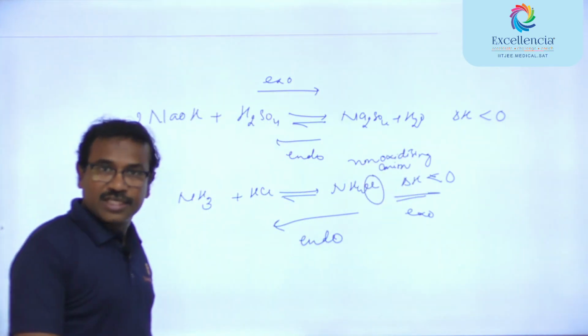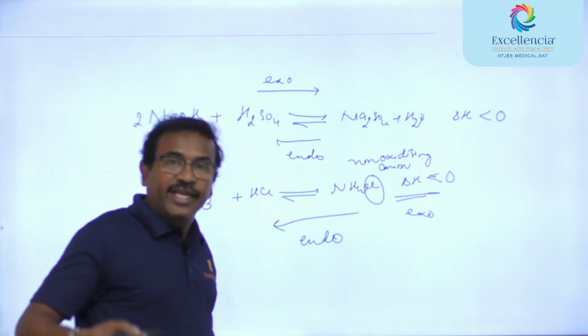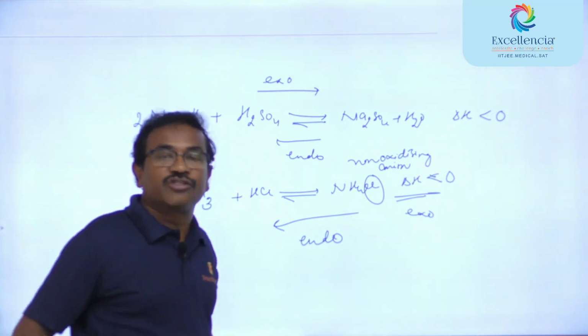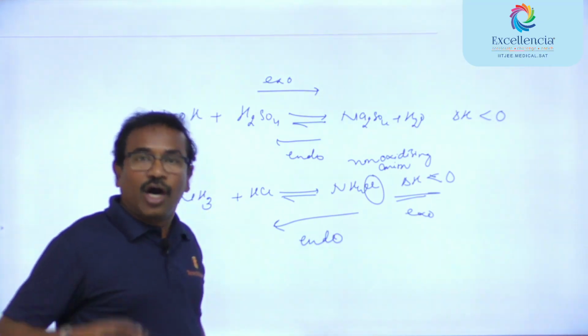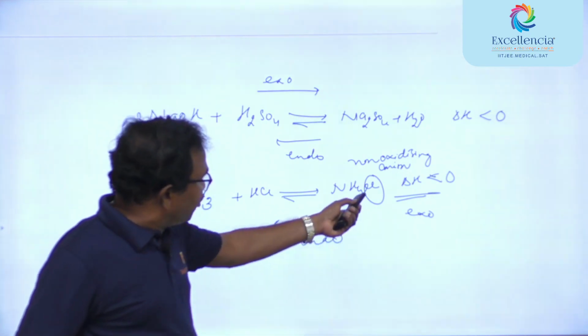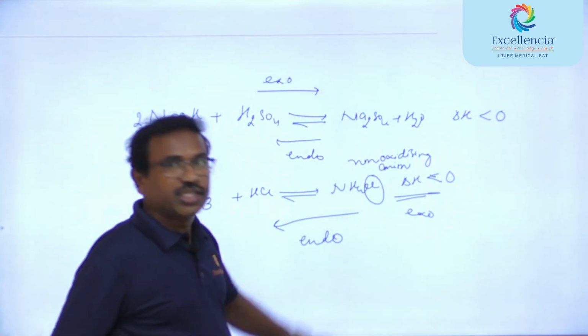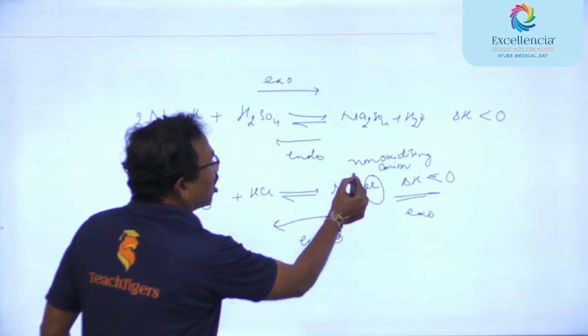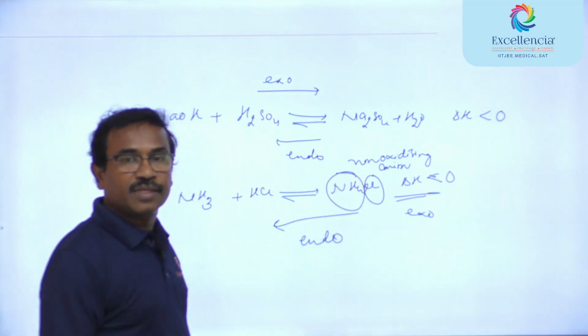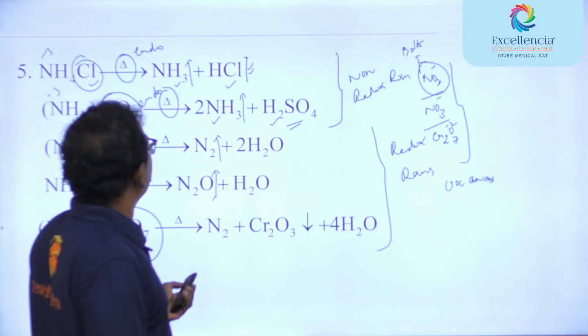Therefore, as I told you just some time back, on heating usually redox reactions will get accelerated. So therefore here, chloride being a non-oxidizing anion, it cannot oxidize ammonium.